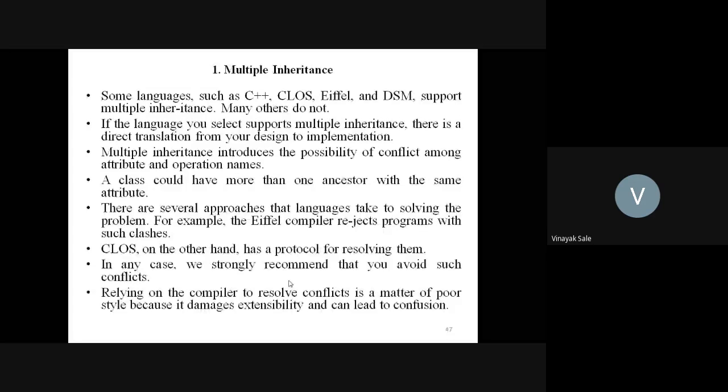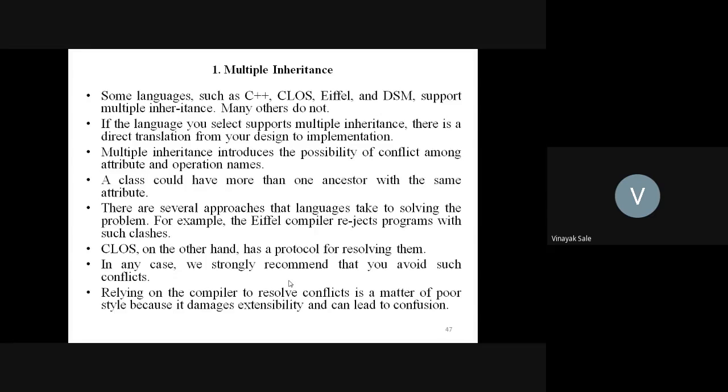Some languages such as C++, CLOS, and DSM support multiple inheritance. Many others do not support multiple inheritance. If the language you select supports multiple inheritance, there is a direct translation from your design to implementation.